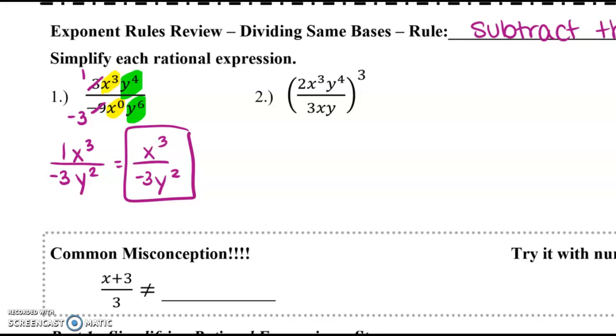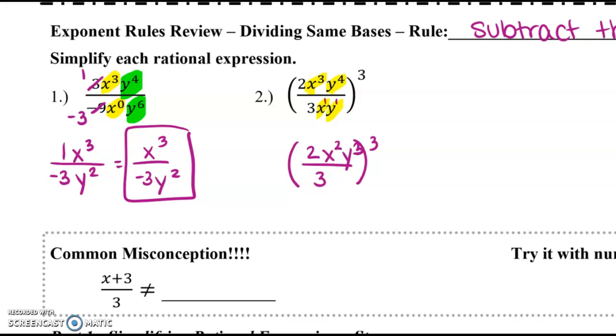For this one, I'm going to simplify what's inside first before I share the 3 with everything. So 2/3 stays as 2/3. But then I'm going to simplify my x's and simplify my y's. If you don't see an exponent, remember the exponent is a 1 there. So if we're simplifying, it's going to be 3 minus 1, which is x squared, and then 4 minus 1, which is y to the third.